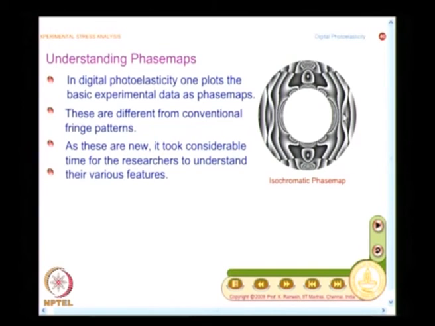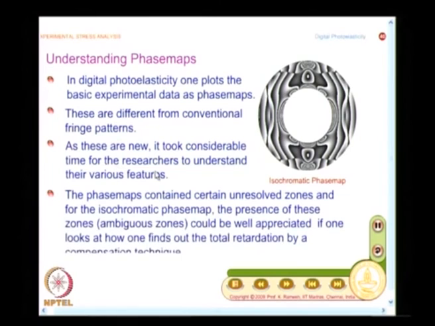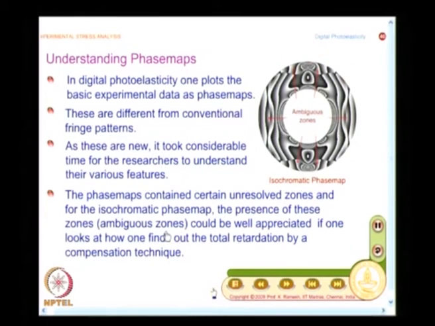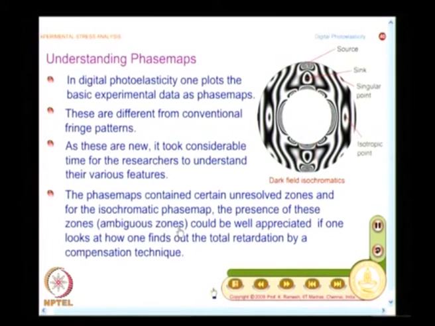It could be maximum or minimum, that does not make a difference, but it should be consistent over the entire domain, and that was achieved in the 10 step method. All these are new, and it took considerable time for researchers to understand their various features. What I have shown is that phase maps contain unresolved zones, labeled as ambiguous zones, and to resolve this you need to find theta for a particular principal stress consistently over the domain.